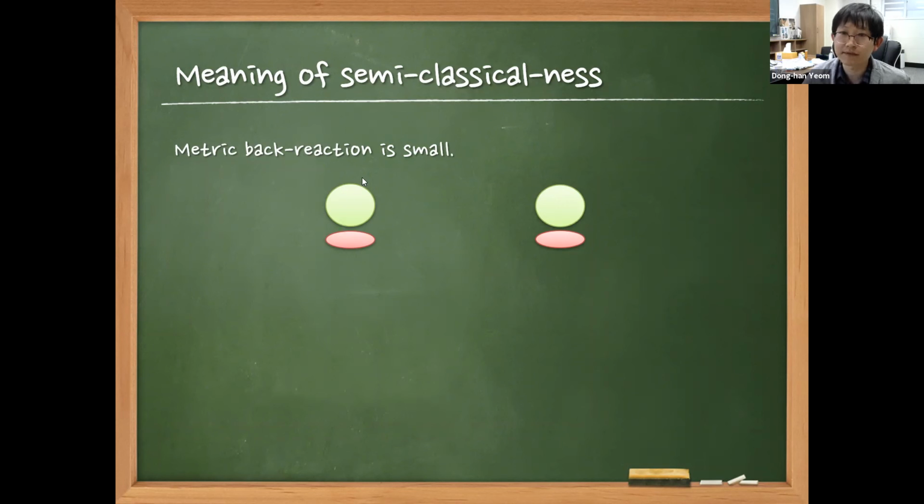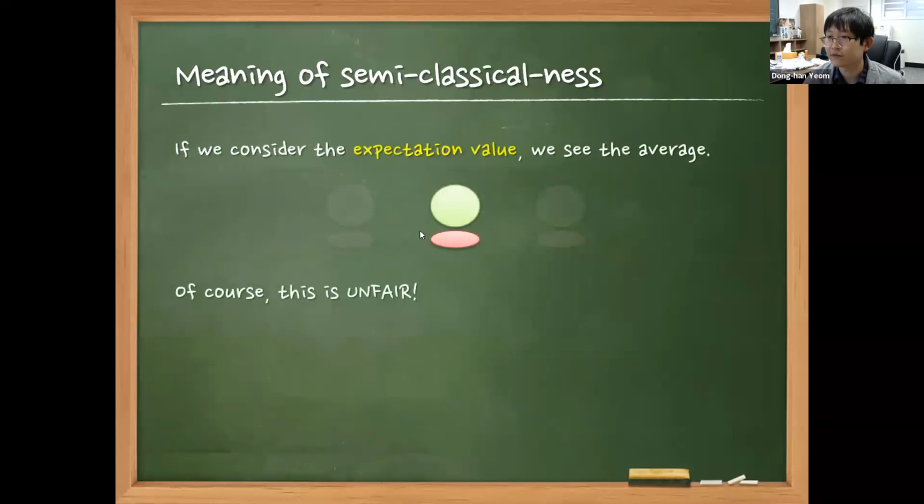Usually in the semi-classical limit, metric back reactions are assumed to be very small. Then what is the average value? The expectation value means averaging out all the contributions. If you average these fluctuations, the result will look like this, somewhere between this fluctuation and that fluctuation.